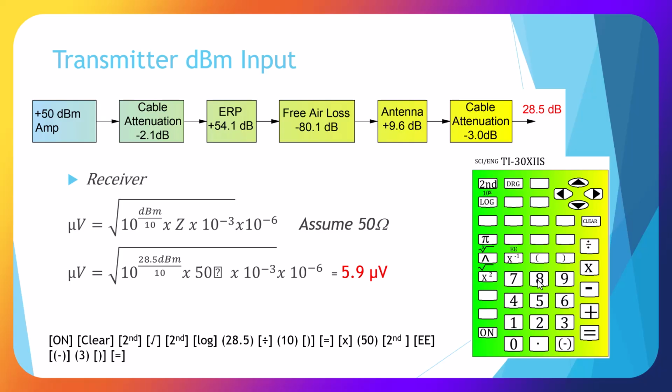And then we're going to put 28.5 divided by 10, close the parentheses, equals times 50 second EE minus 3, don't use a subtract, and let's do equals, and it's going to come out to 5.9 microvolts.